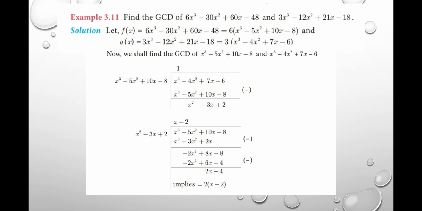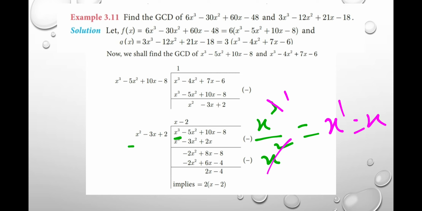Now continue the same process as in the previous step. Divide the first term of the dividend by the first term of the divisor: x cube by x square, so x square gets cancelled. What is remaining? x power 1, that is x.